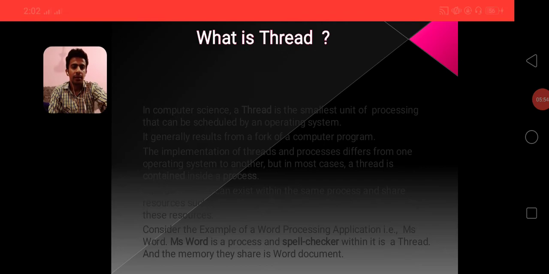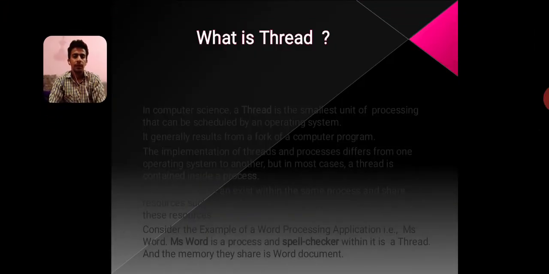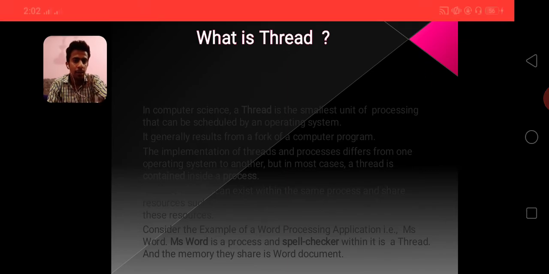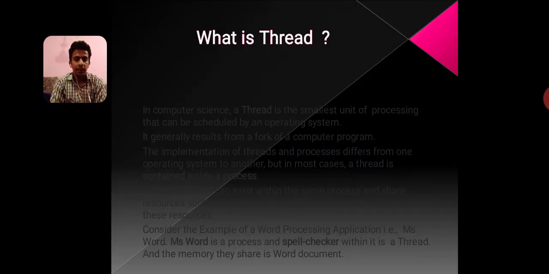What is thread? In computer science, a thread is the smallest unit of processing that can be scheduled by an operating system. It generally results from a fork of a computer program.